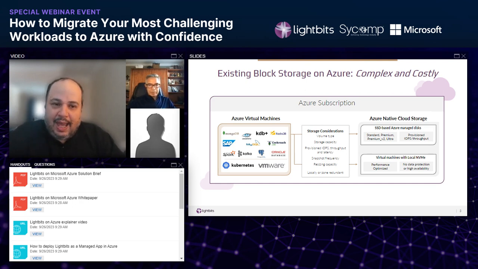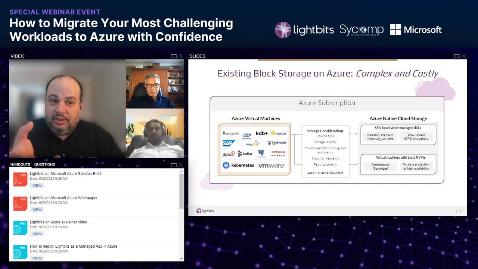If you look at Microsoft Azure, and again referring to what Kishore was saying, you have standard SSDs, premium SSDs, Premium SSD v2, and Ultra Disk, a great set of block storage options that match the requirements of different applications. But if you look at databases, SQL, NoSQL, you now need to consider what's the best option for your specific application.